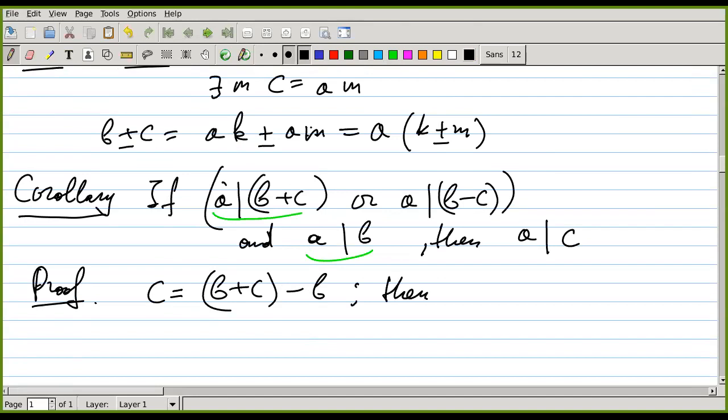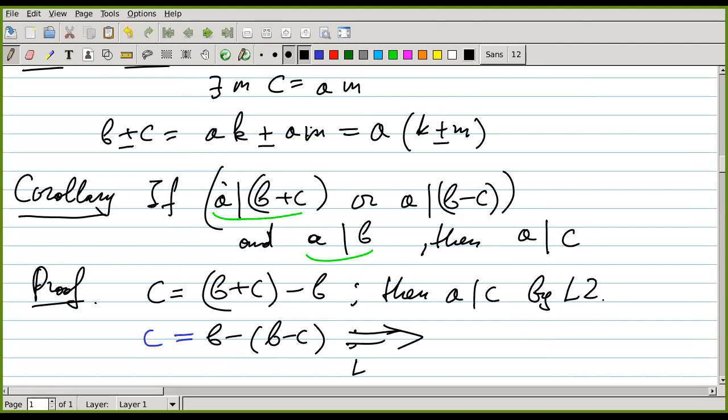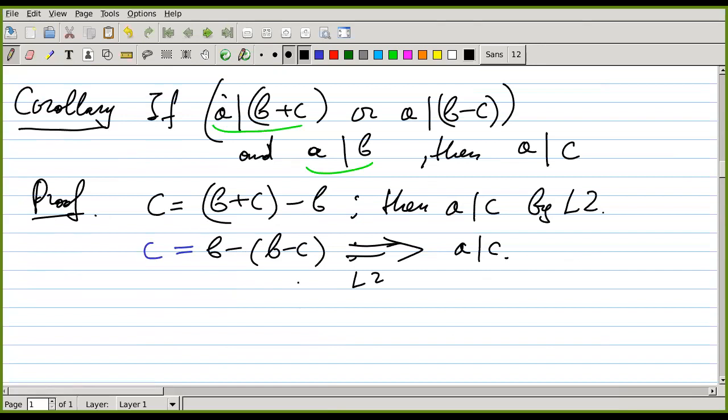Then a divides c by our previous lemma 2. And likewise, in the case of the difference, c equals b minus b minus c. And likewise, by lemma 2, we know that b is divisible by a and b minus c is divisible as well. So we see that a divides c. Is it clear?